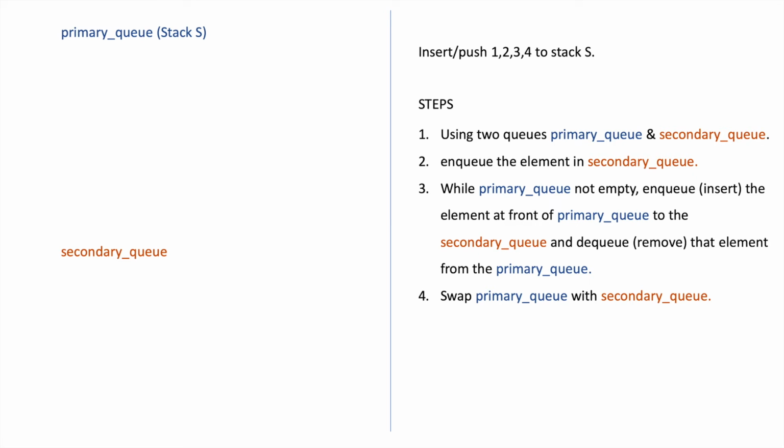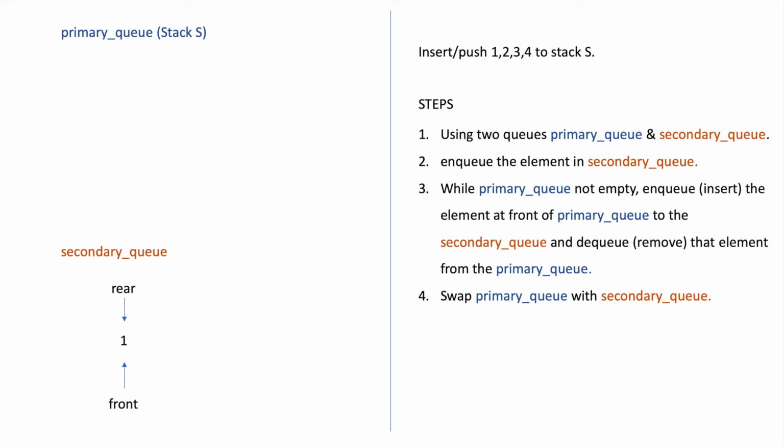So let's understand how this push functionality works using the example. So firstly, we have to insert the element 1 into our stack S, which is represented by the primary queue. So following the steps, we will enqueue the element into secondary queue. Therefore, both front and rear pointer of the queue are pointing to the element 1.